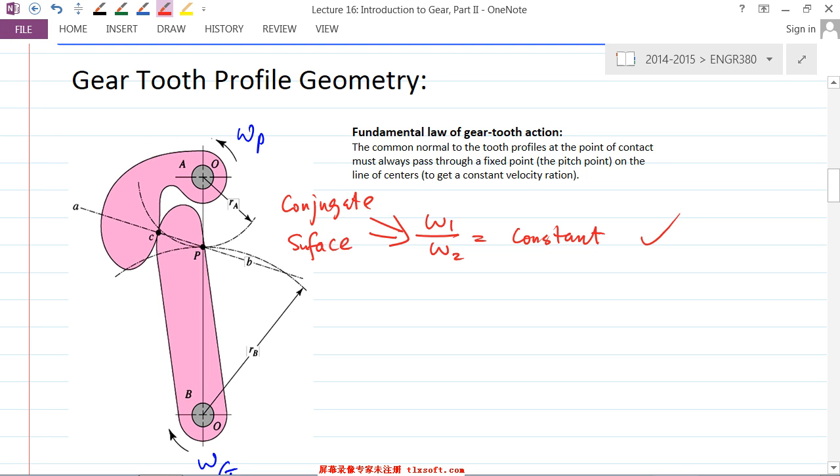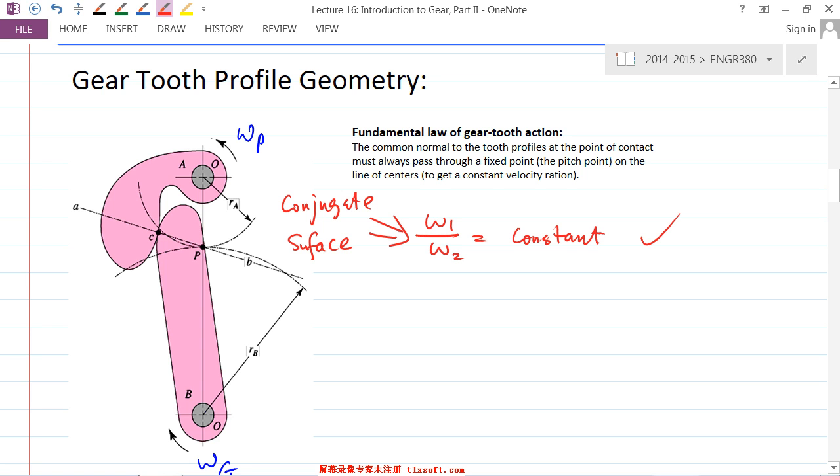Again, you have this line of action, right? That line of action is basically perpendicular, normal to the surface. In order to have this constant angular velocity ratio, the line of action has to pass the same point P, just like the gear that we just drew there.